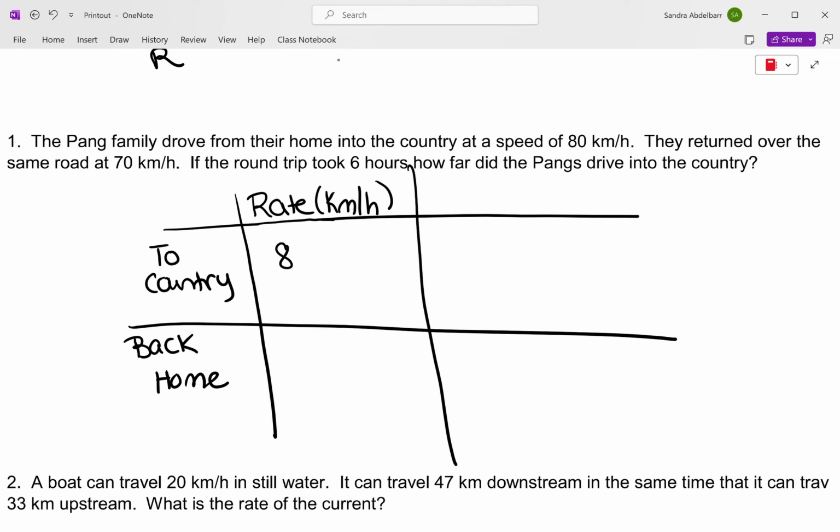We know their rate. And the rate is in kilometers per hour. So the rate to the country was 80 kilometers per hour. And the rate back home was 70 kilometers per hour. We don't have to put the km per hour. We already have it, 70.